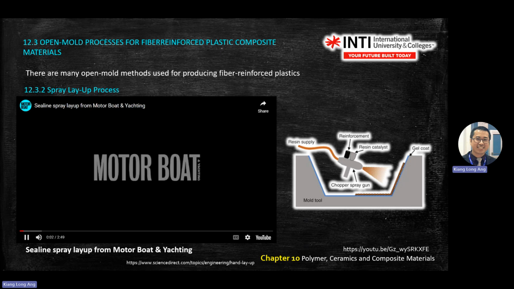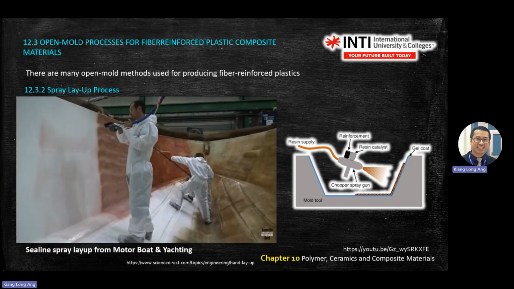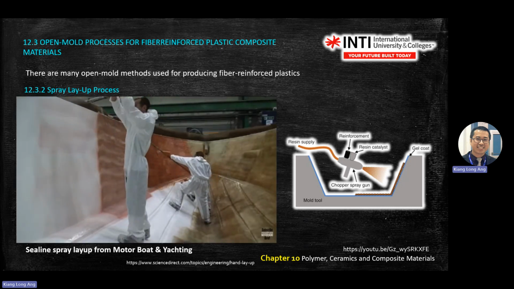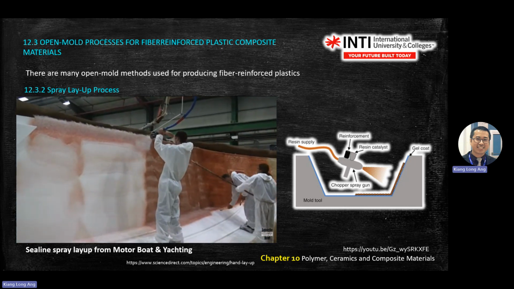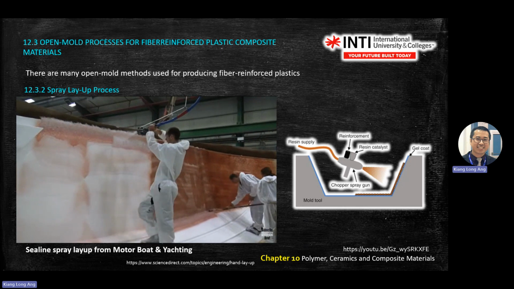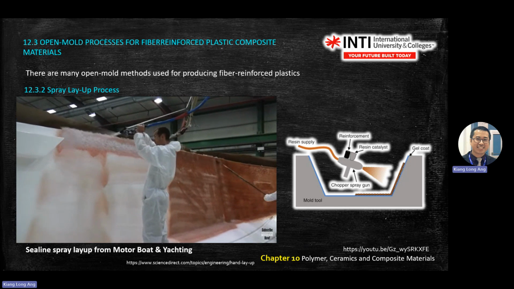So this is how people do the boat body. You have two methods here. One is spray, one is hand layup. It's a combination of the two. The one using the roller is the hand method. This one is the spray method. You just use it to spray.